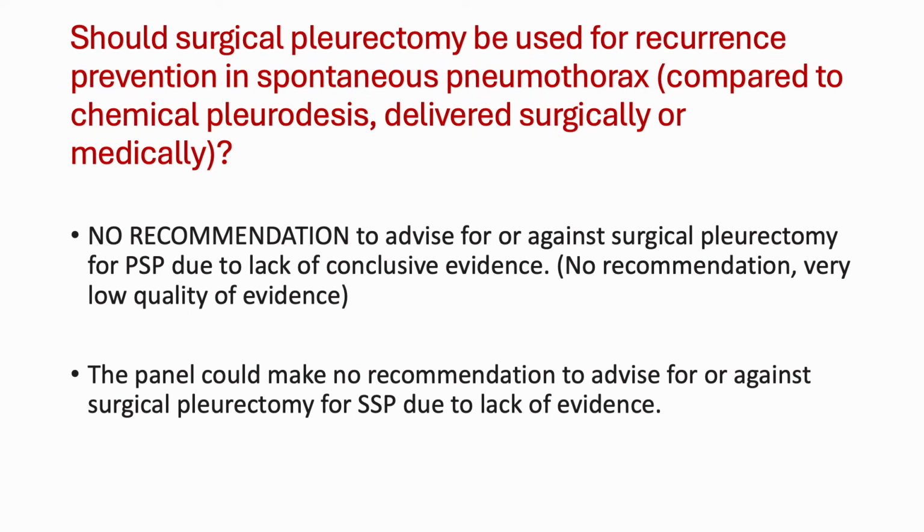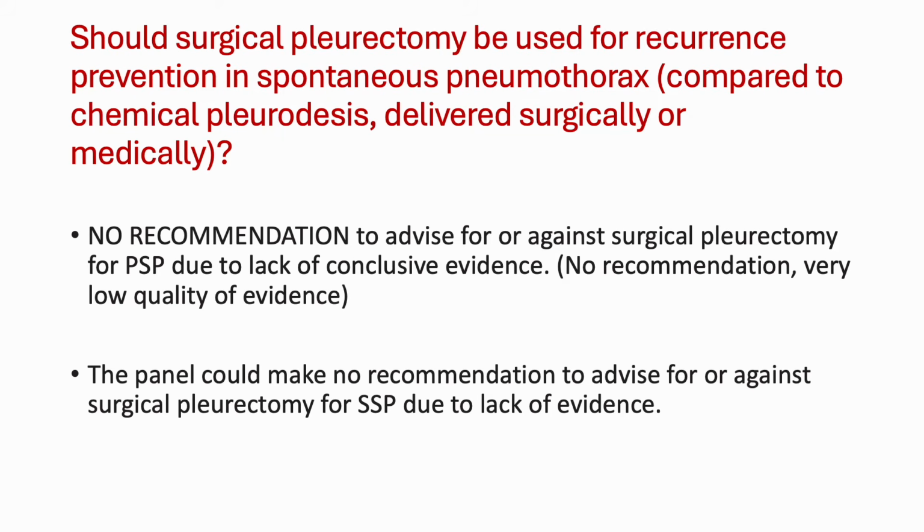Now, after these initial PICO questions, there were a few other things mentioned in the paper. The first is whether surgical pleurectomy, so these are patients where a surgical intervention is being done, should be used for recurrence prevention in spontaneous pneumothorax compared to a chemical pleurodesis delivered surgically or medically.